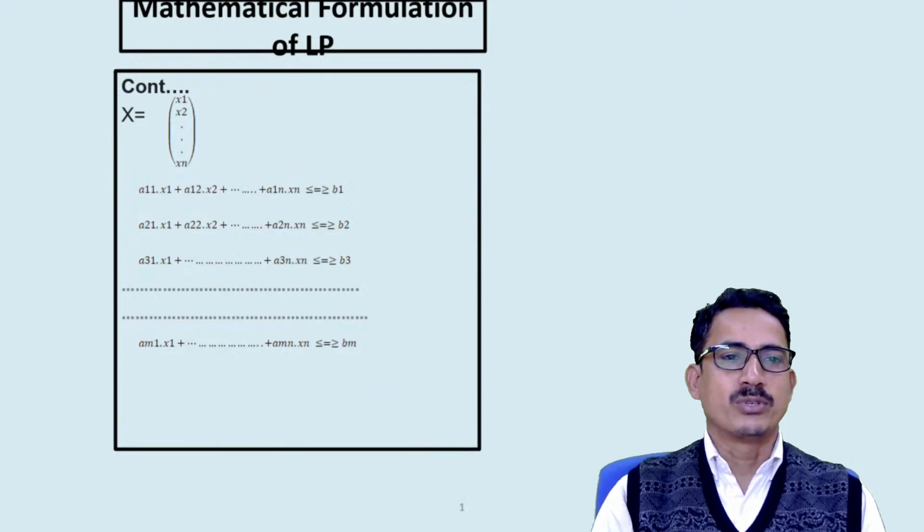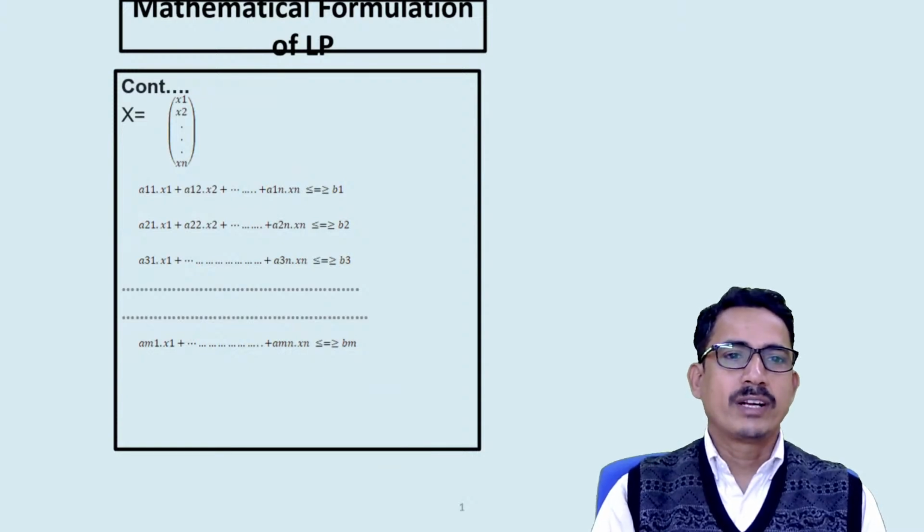This is the first position. Similarly, A21 x1 up to A2n xn is the second value. In a single column, these are the 1-1 position, 2-1 position, 3-1 position, and the last is the m1 position. A single value is present in each row of the column.